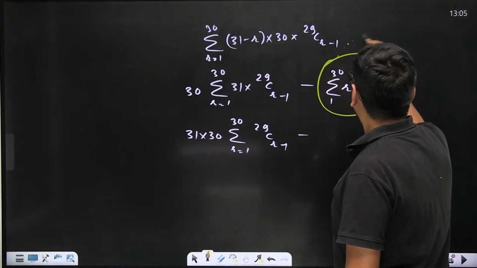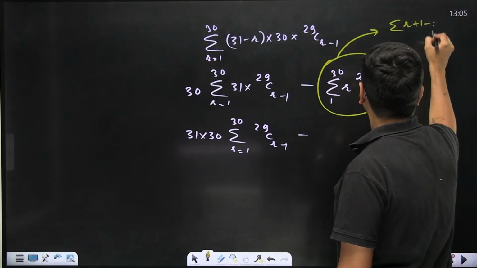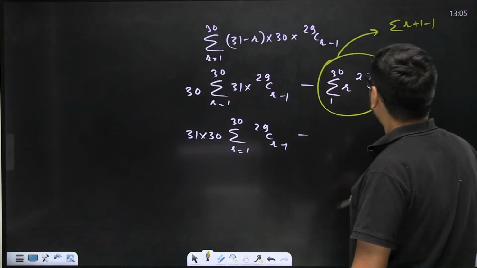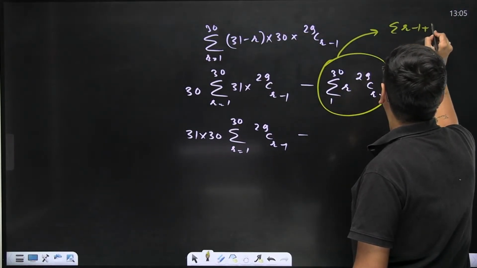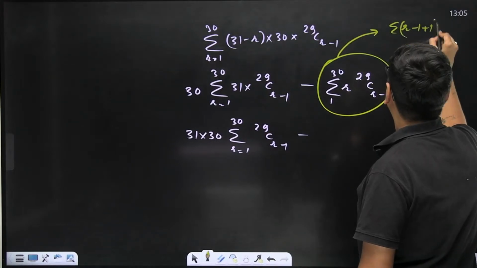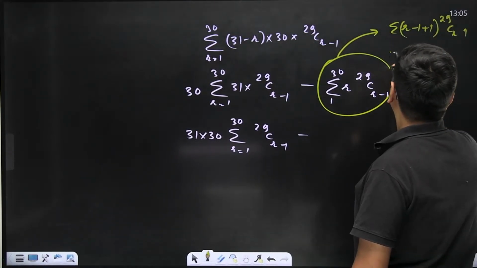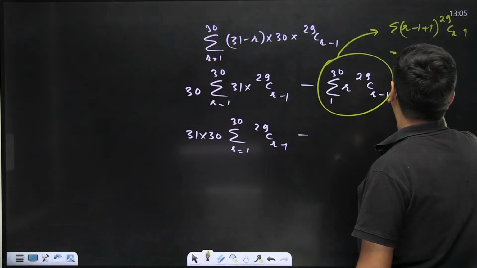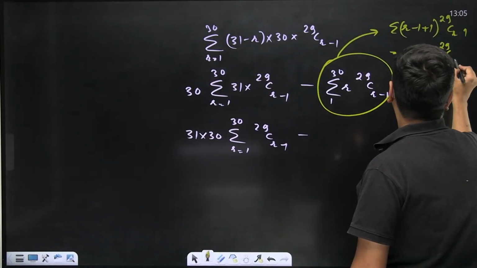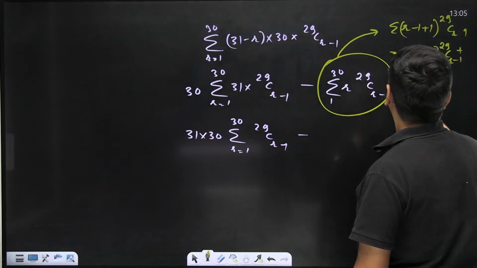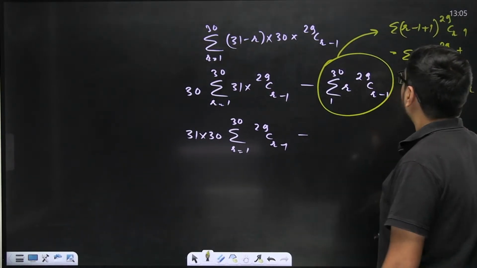We will write the summation of R plus 1 minus 1, or the summation of R minus 1 plus 1. Let's do it like this, R minus 1 plus 1, same thing only, 29CR minus 1. This will become the summation of R minus 1 times 29CR minus 1 plus the summation of 29CR minus 1, right?